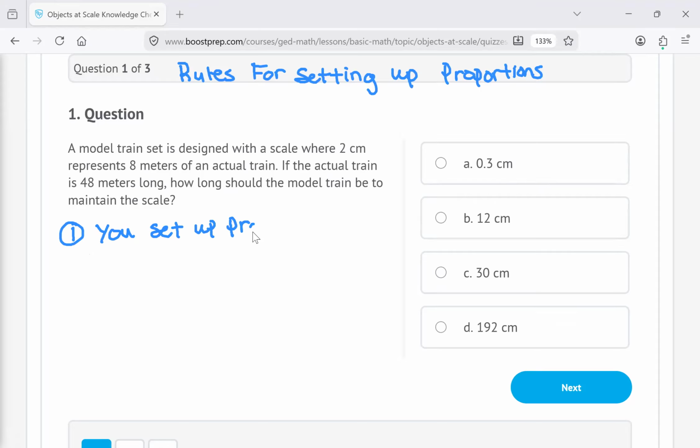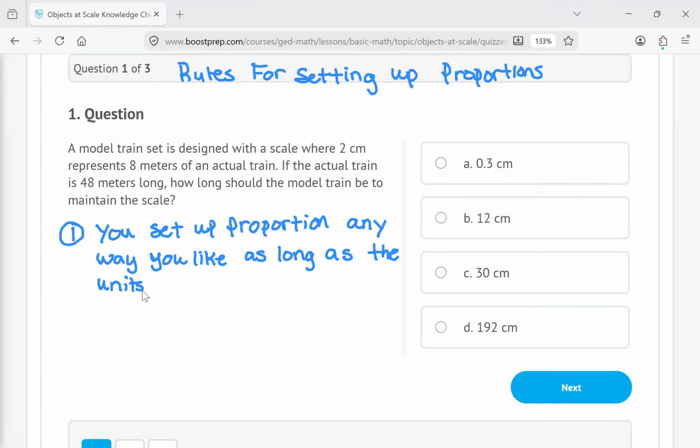You can set a proportion any way you like, as long as the units match. You'll see what I mean when I do an example.